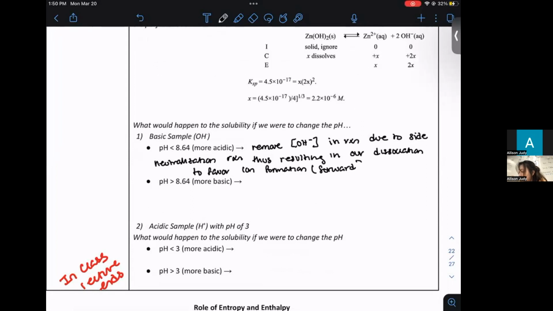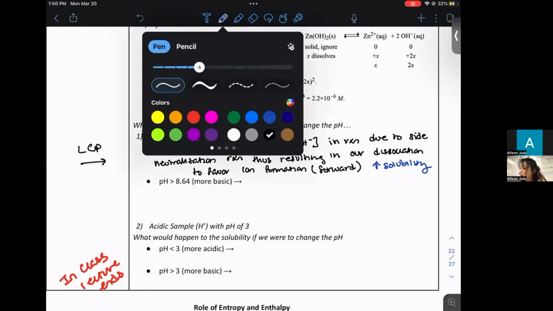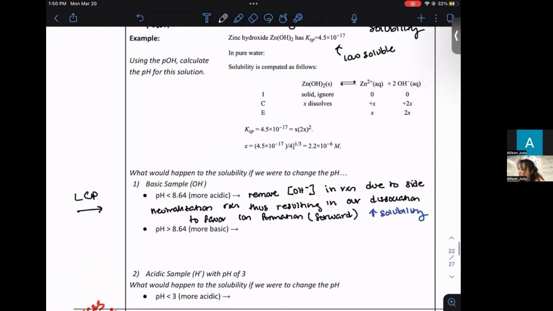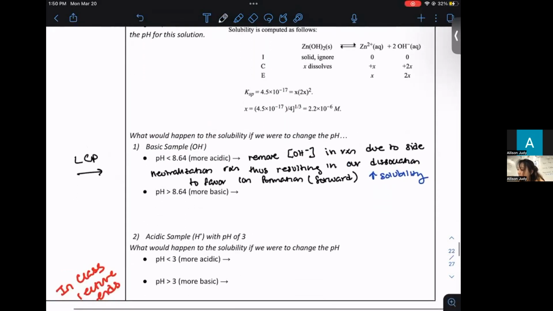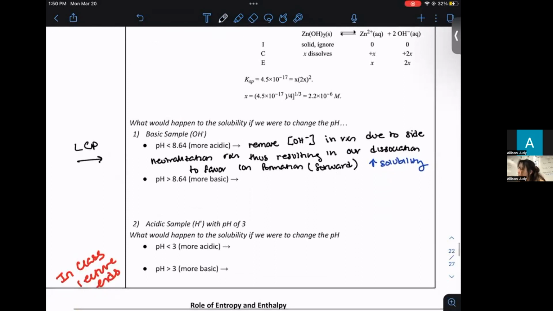So what we would see, according to Le Chatelier's principle, is a major shift, an increase in solubility. Solubility increases. Okay, the opposite would be true for the other case. What if you put this particular basic compound into a more basic solvent?